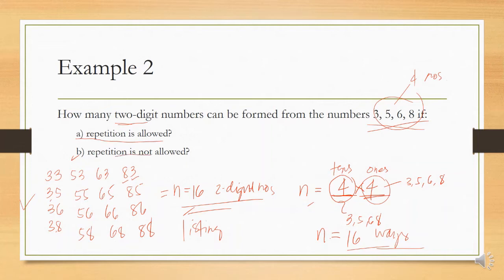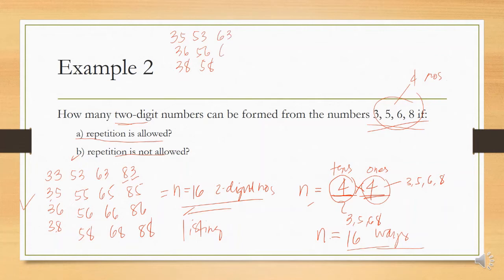Kung repetition is not allowed, ililista natin ulit yung pwede dun sa mga list natin, no? So, hindi na pwede yung 3, 3. Mag-umpisa tayo sa 3, 5. Tapos, 3, 6, 3, 8. And then, 5, 3. Hindi pwede yung 5, 5, 5, 6, 5, 8.